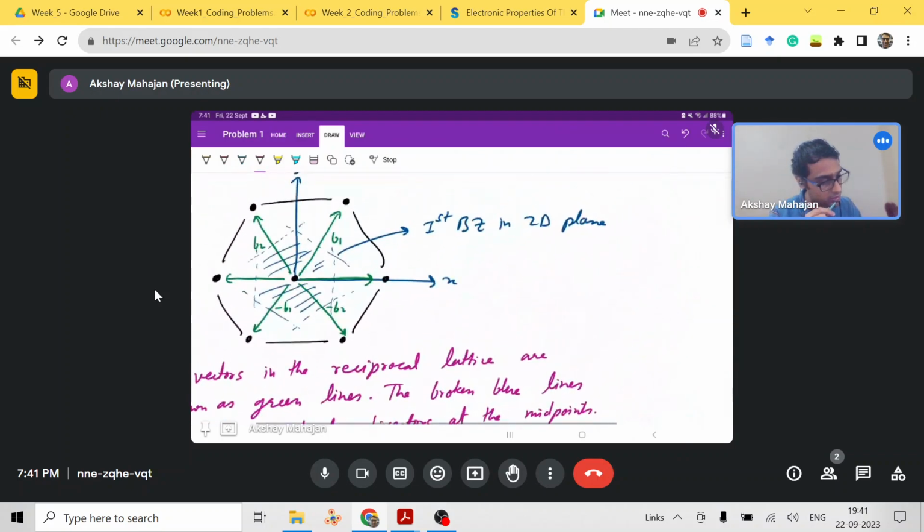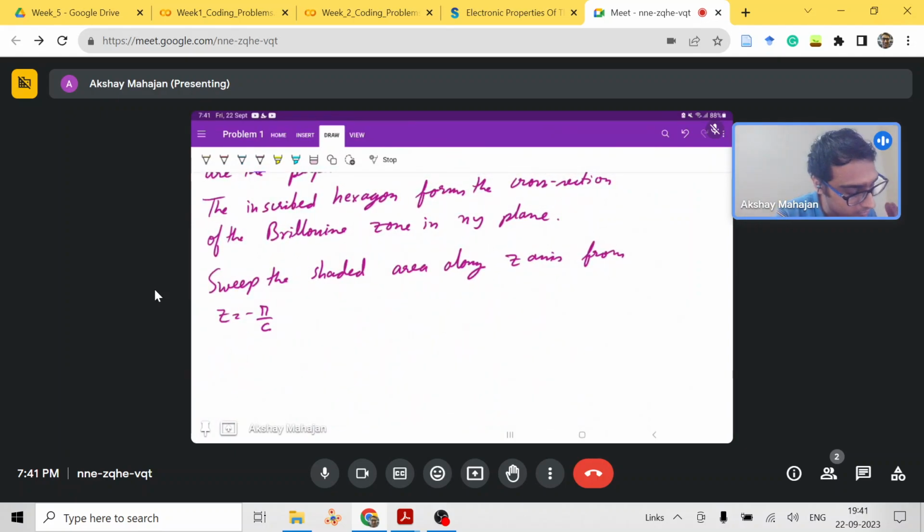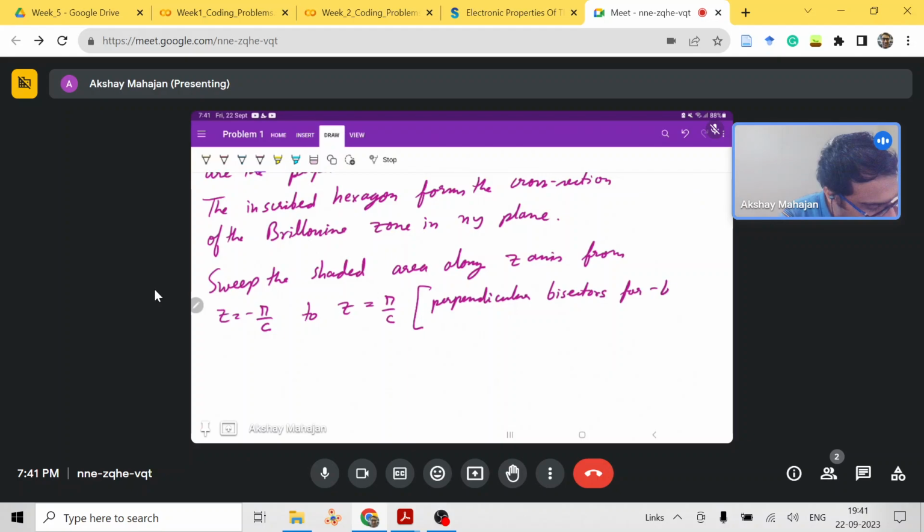So I have written something similar, but here I have explained it in a much better way. Shift the shaded area along the z-axis from z equals minus pi by c to z equals pi by c. These are the perpendicular bisectors for minus b3 and b3 vector respectively.